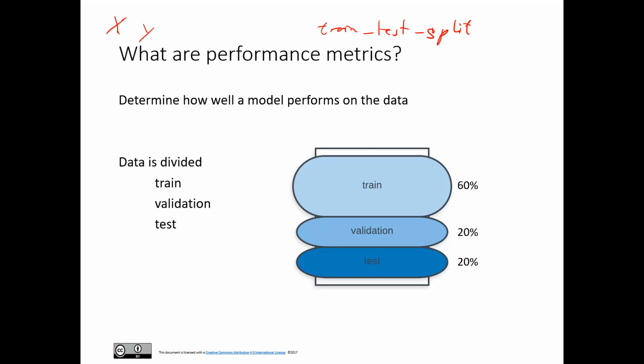So the objective of performance metrics is to determine how well a model performs on the data itself. And data is usually, we've been dividing it into train and test, but sometimes you also have another set called a validation set. The idea is that you initially train with this, but then you evaluate on this one to tune the parameters a little bit better.